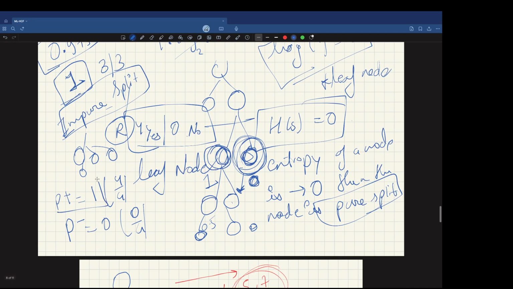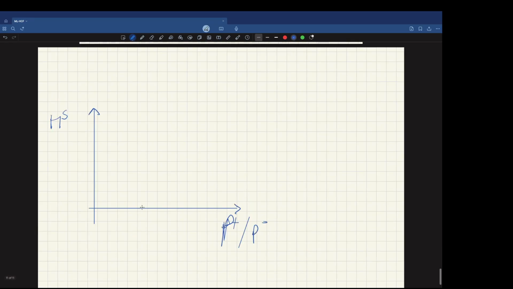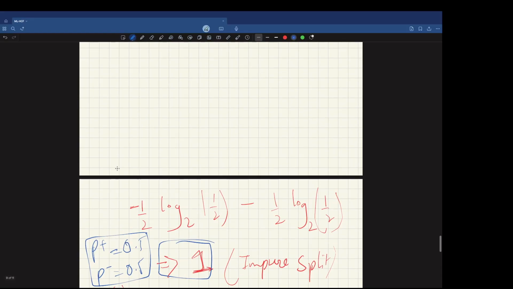So whenever P positive or P negative is 0, H of S is 0. So the same 0 we will take.